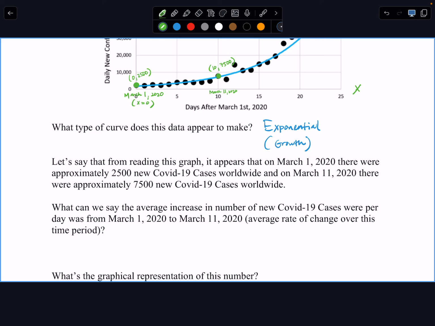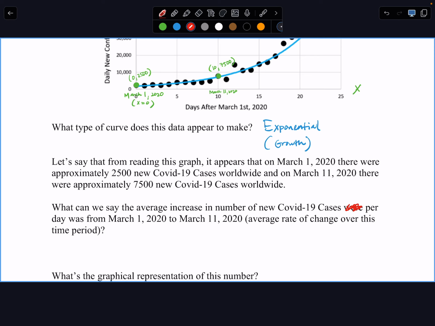So the average rate of change over this time period. What is the increase in the number of new COVID-19 cases? Is "were" just an extra, do I not need that? I think so. Just get rid of that.